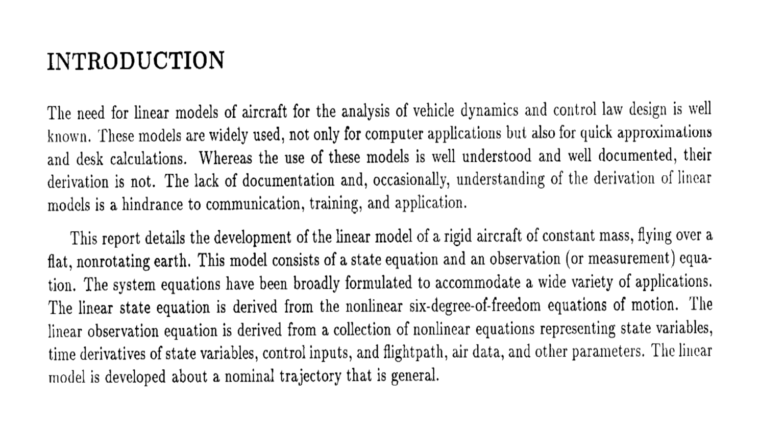In the introduction, it continues stating that this report details the development of a linear model of a rigid aircraft of constant mass flying over a flat, non-rotating Earth. This model consists of a state equation and an observation or measurement equation.